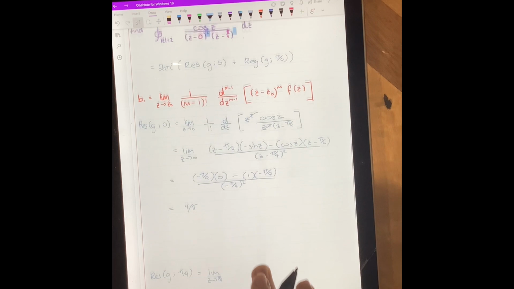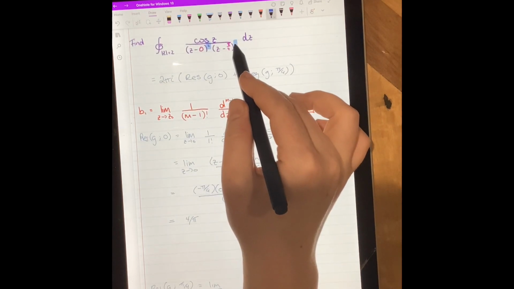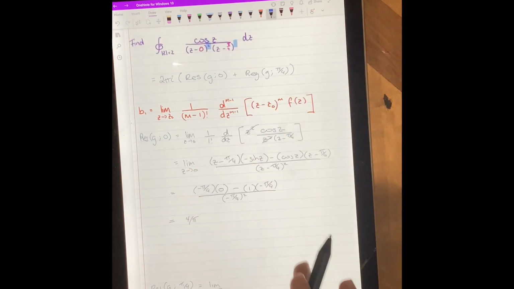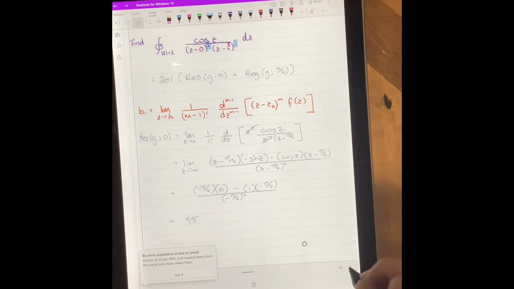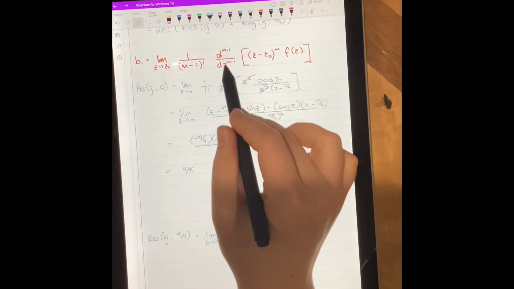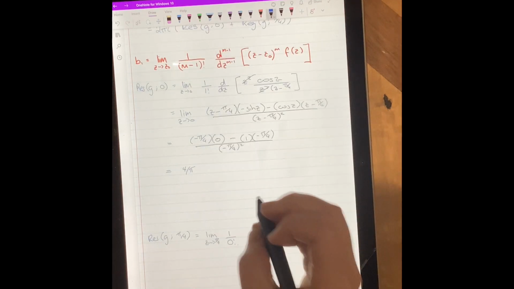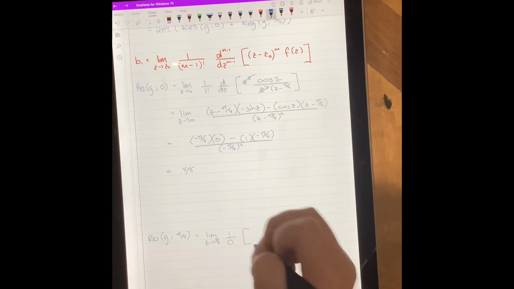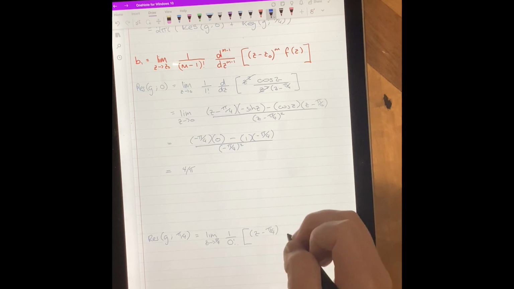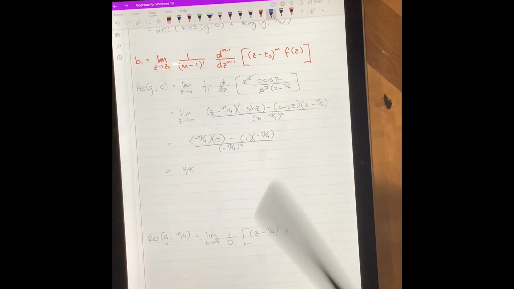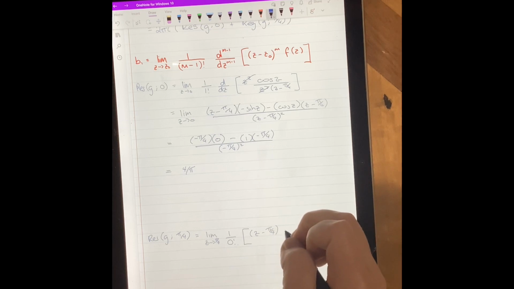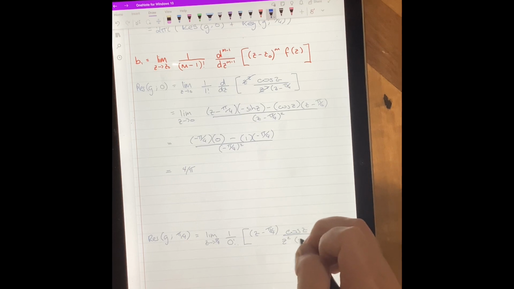So for the other singularity, we have m equals 1, so 1 minus 1 is 0, so it's 1 over 0 factorial. Because it's 1 minus 1 at 0, you don't take the first derivative at all, it's just the function. So it's z minus pi on 4 times cos z over z squared, z minus pi on 4.